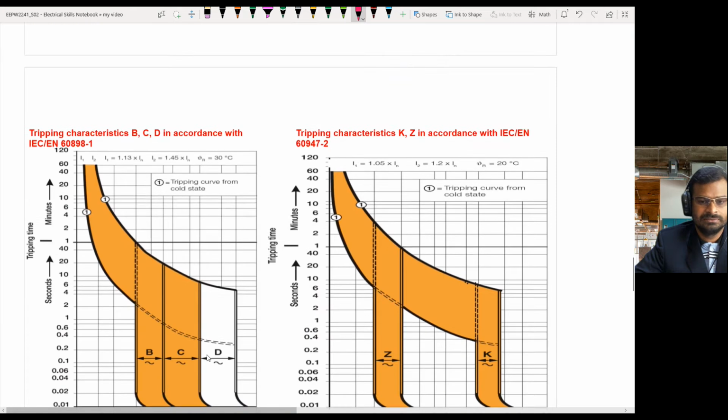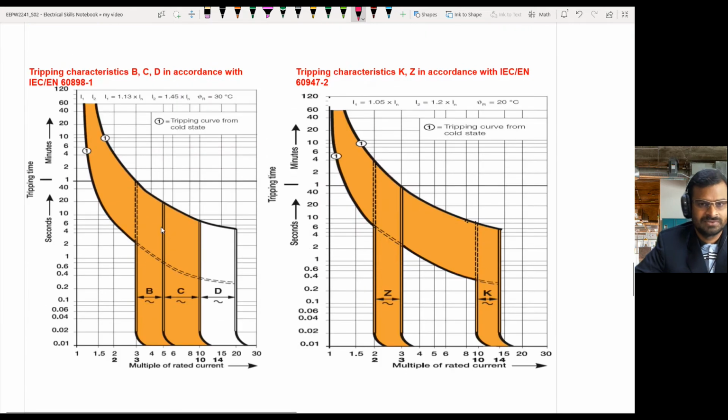Now let us see the tripping characteristics graphs. The tripping characteristics graph for B, C, D in accordance with the IEC standards, and the tripping characteristics for K and Z in accordance with the IEC standards, are given here.